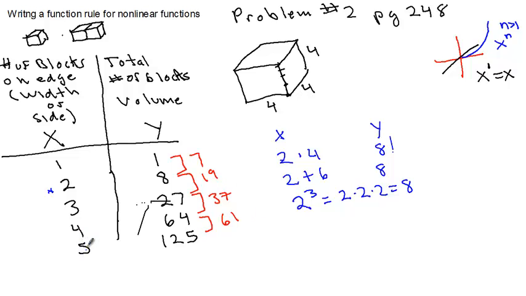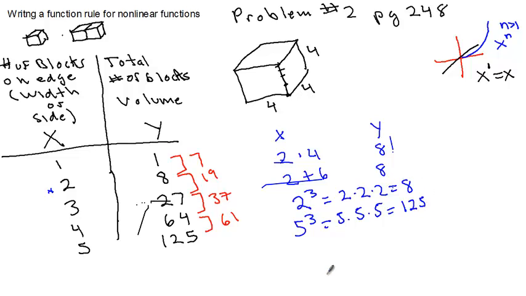Let's look at 5. Well, 5 plus 6 is 11. Nowhere close to 125. 5 times 4 is 20. Again, nowhere close to 125. But 5 to the third power is 5 times 5 times 5 equals 125.